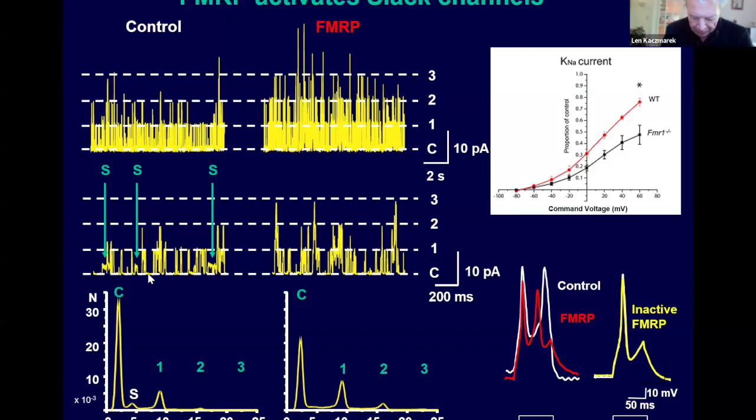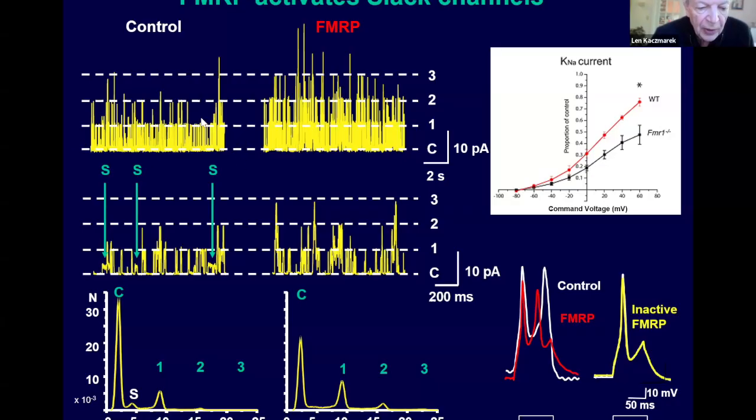This is, again, single channel recordings where we've actually pulled off little bits of membrane that have 3 or 4 SLACK channels in them. And the deflections from the baseline here reflect, again, the opening of single KCNT1 SLACK channel proteins.